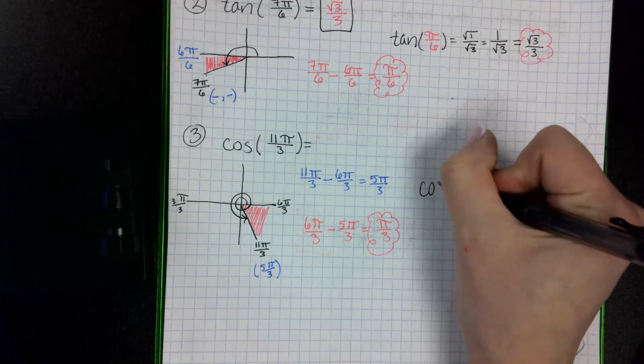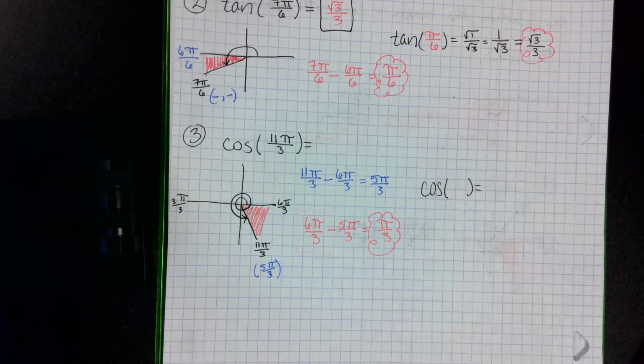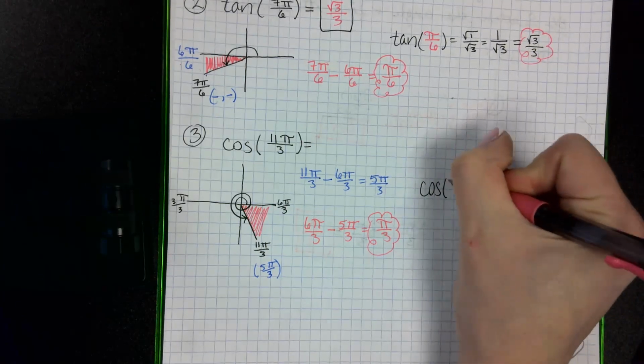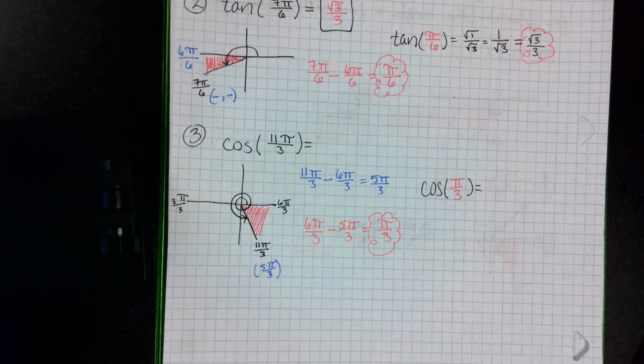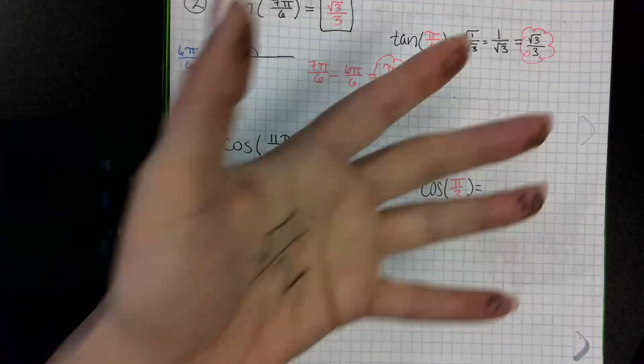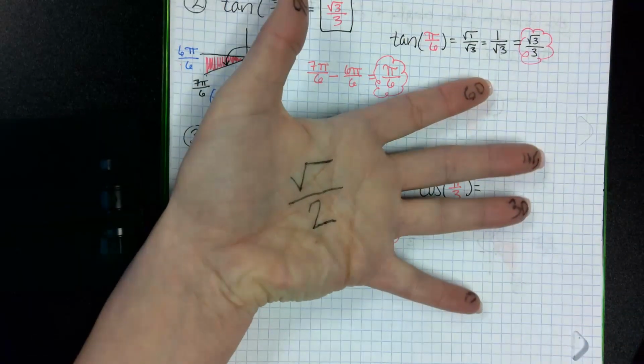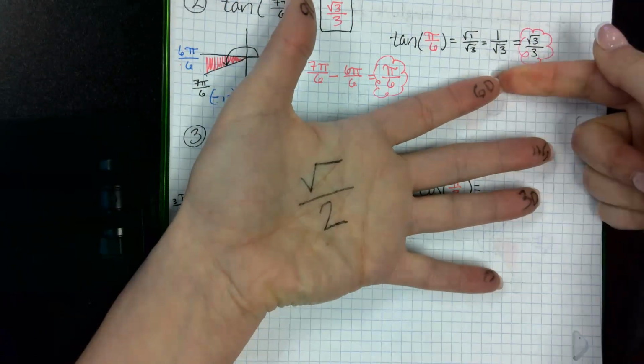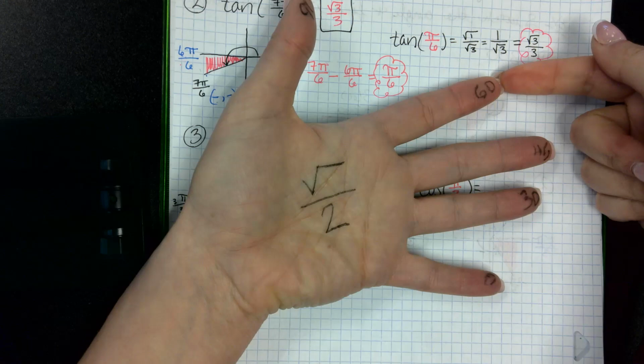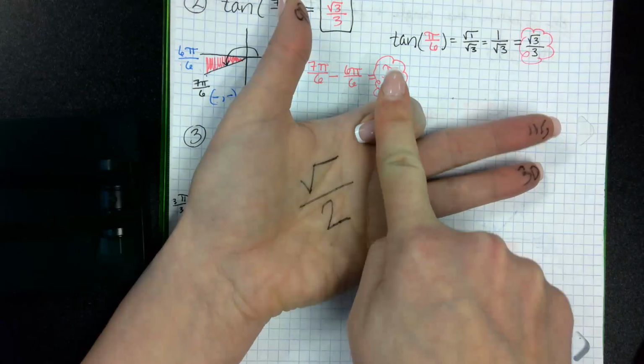So then for the cosine of the reference angle, I'm going to use my hand trick. Pi over 3 goes with 60 degrees. Fold that one in.